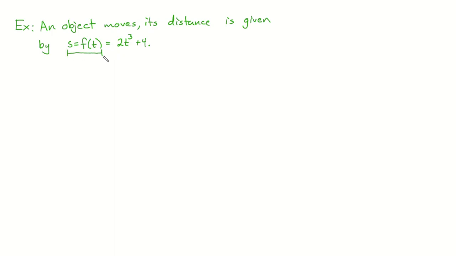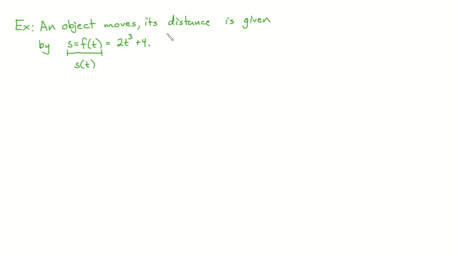If s is our position and is given by a function f of t, does it seem more natural that we could just say there's a position function? These are the same thing, just so you know. I want you to be aware that this will show up and you will see this. I hate it, I wish they didn't do it, but I didn't write your book. It's the only thing I don't like about this book, legitimately.